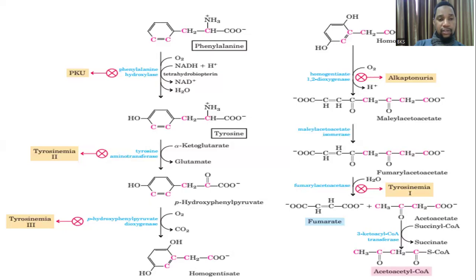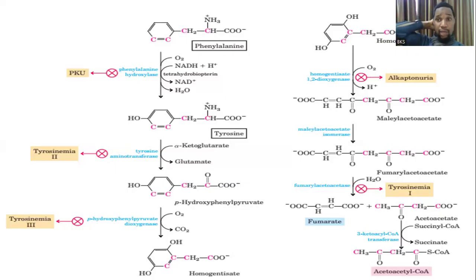Also, deficiency in this dioxygenase leads to tyrosinemia, and it is also classified with accumulation of hydroxyphenyl pyruvate. It is also related to mental retardation and problems with coordination.